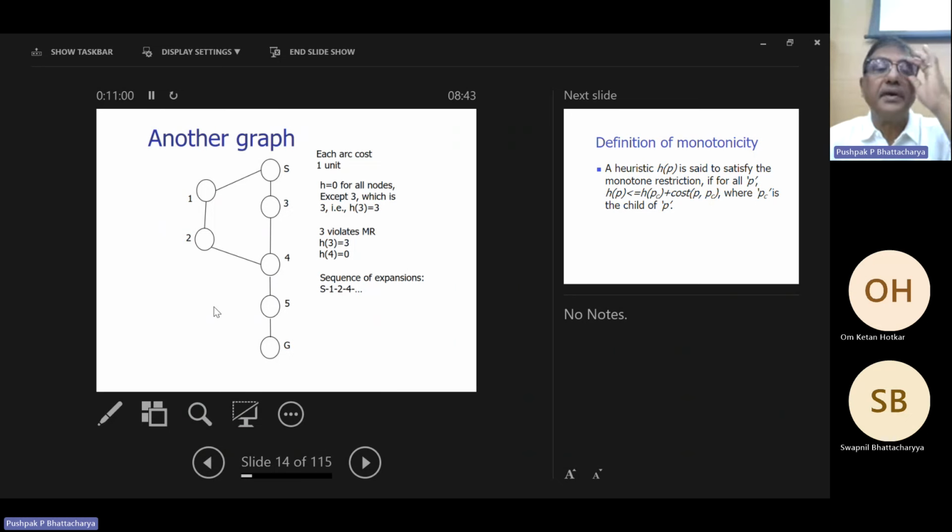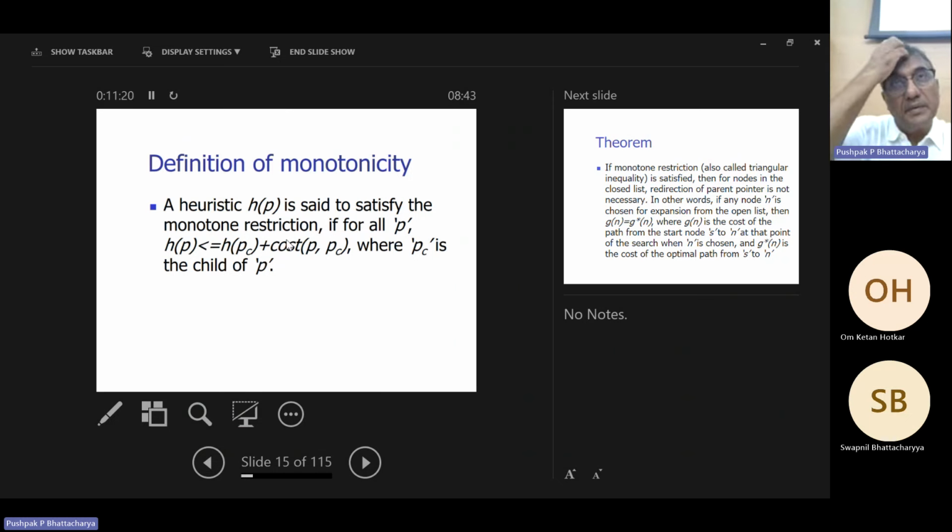There is another graph where again, you can verify that the node 3 violates what is called the monotone restriction, and it will require parent pointer redirection percolation, okay, when we move forward. So let's define monotonicity, which is a very reasonable definition.